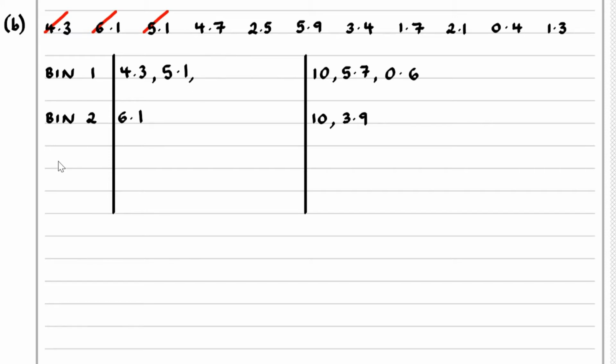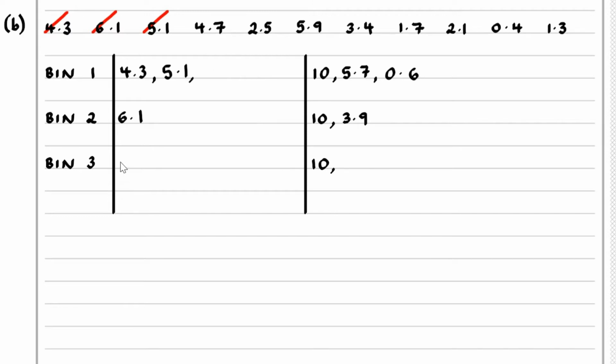Let's take a look at this 4.7. Well, there is not enough space in bin 1, there is not enough space in bin 2, so what we need to do is open up a new bin. Bin 3, say. So when we open up a new bin, the space is 10.